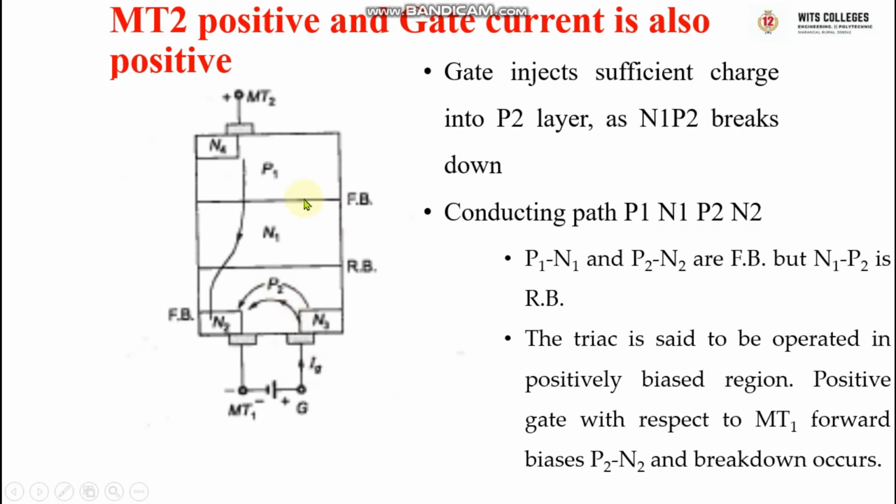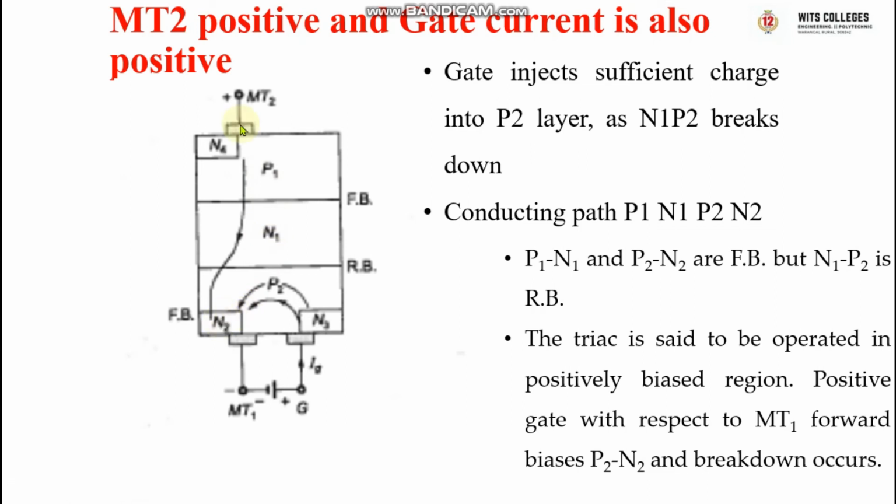So initially P1 is connected to positive, N1 next, and P2 is here. So P1 N1 is forward biased and N1 P2 is reverse biased, because N3 is connected to the positive terminal here. But when the gate injects charges into the P2, this layer disappears and the conducting path becomes P1 N1 P2 N2.